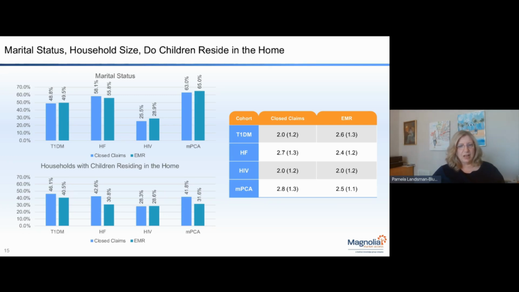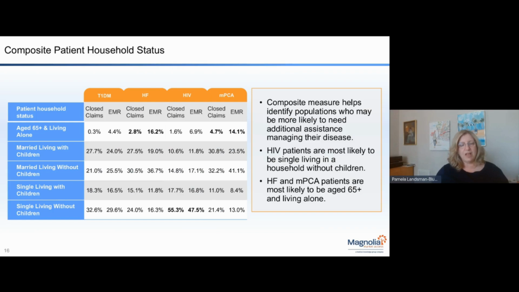We see a few differences here as well. What we wanted to do is try to get some measure of whether someone would have a caregiver or some help at home to manage their disease. We can look at these three individually, and they're informative on their own, but they're much more informative if you can create a composite measure of the three.